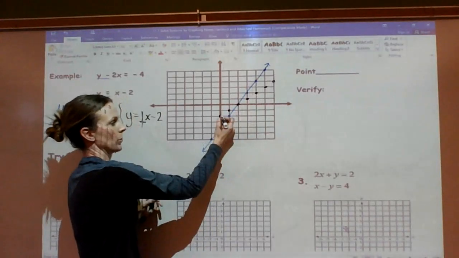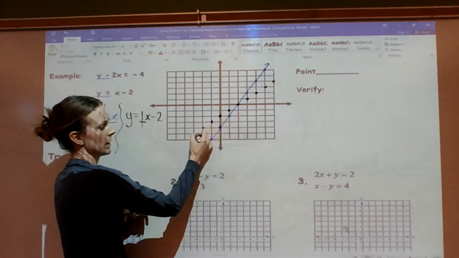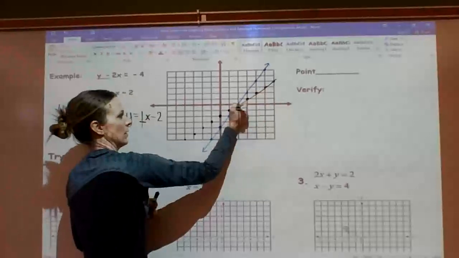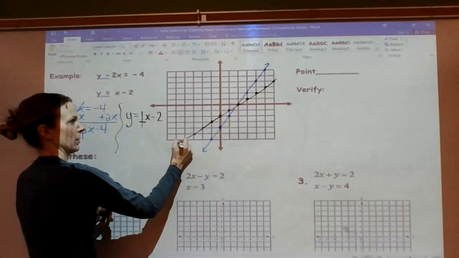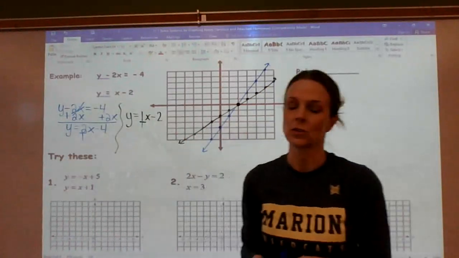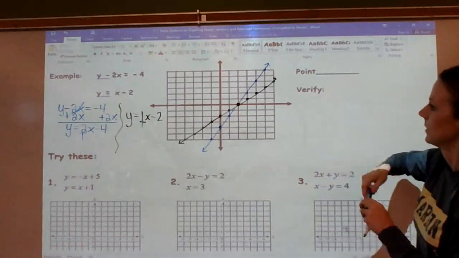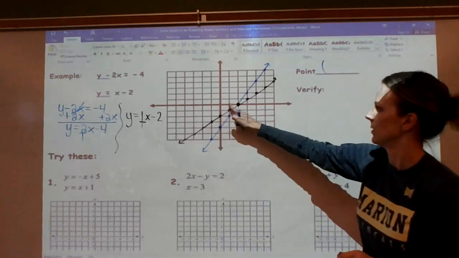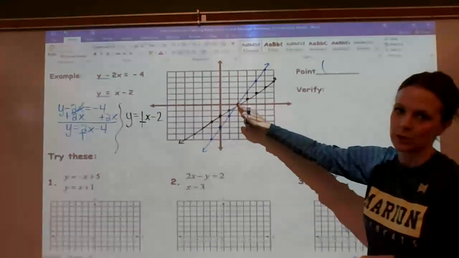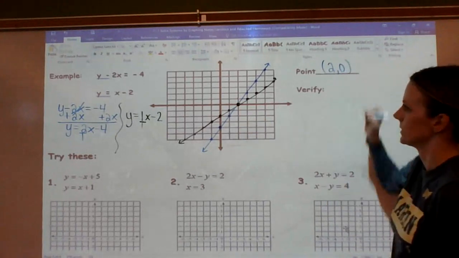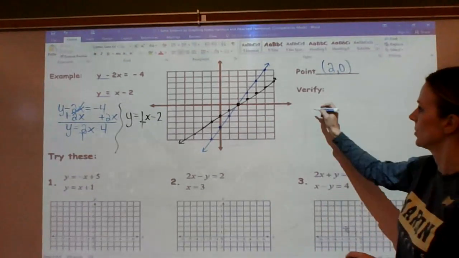And then I'm going to reverse it. But we can already see where they intersect. Okay, so here's that common point of intersection. So there's our solution. Okay, so the x coordinate is 2, the y coordinate is 0. So we have a solution at 2, 0, and we're just going to verify it to make sure.